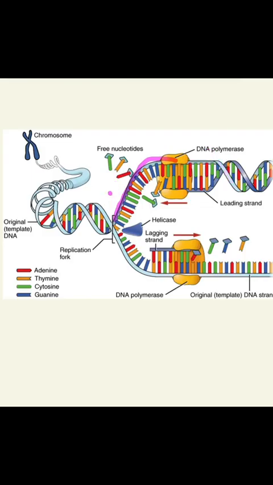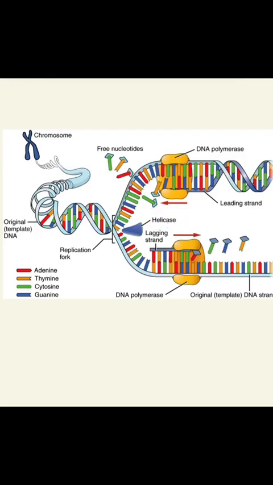So this would be 3' of the leading strand, and this would be 5' of the leading strand, of the original strand, but it's adding the bases, so it's actually putting them in a 5' to 3' direction. Alright, so this way it's going from the 5' to 3'.